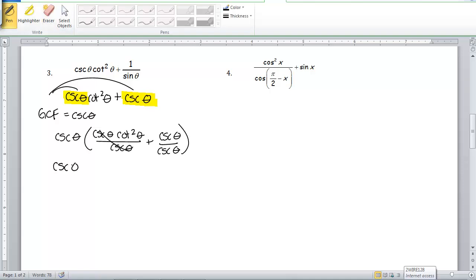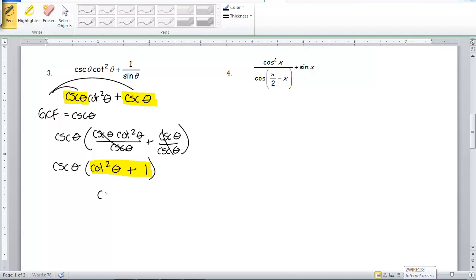In the first term, that leaves us with cotangent squared. And the second one, I'm left with the value of 1. Remember, anything divided by itself is 1. Again, if I go back to the top of my steps, no co-function or negative angles, but cotangent squared plus 1 is one of our Pythagorean identities.